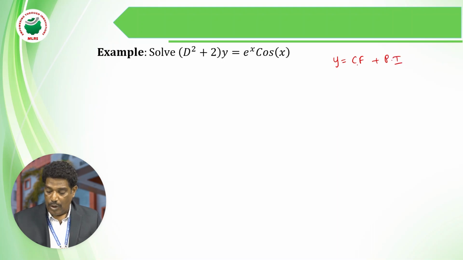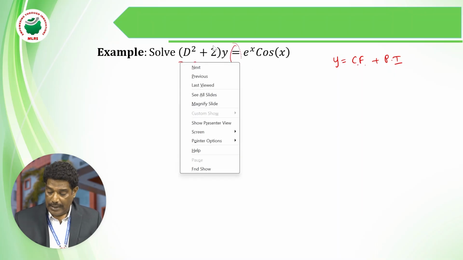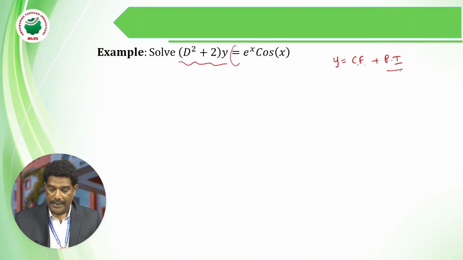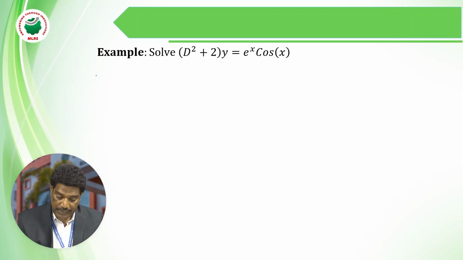The CF is the complementary function, found for the left side part of the differential equation, and the PI is the particular integral, a solution found for the right side part. Now let's start finding the complementary function. Okay, let's start the solution.